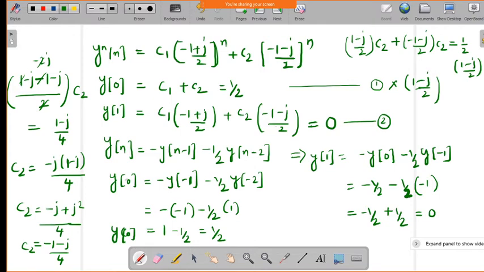Sorry, here it is actually minus j into C2, right? If you send it to this side, it will come below. So now what is the value of C2?